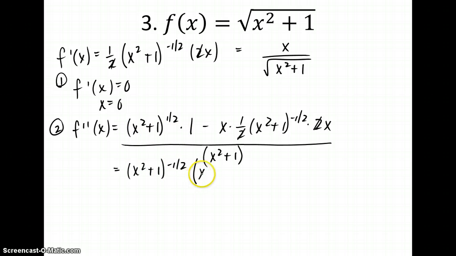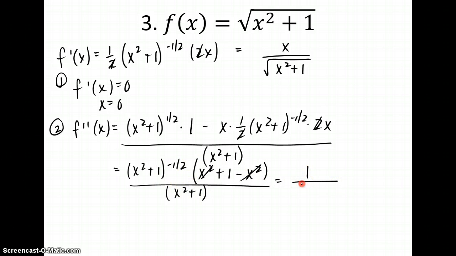From here, that leaves me with just x squared plus 1 minus x squared, all over x squared plus 1. These cancel, and when I bring the negative exponent to the bottom and add the exponents together, I get to the positive 3/2 power.